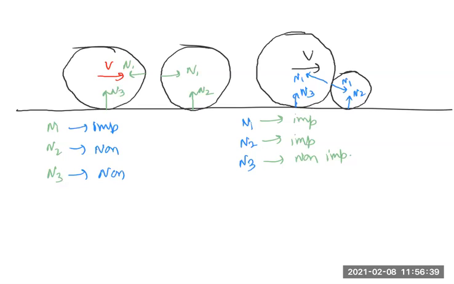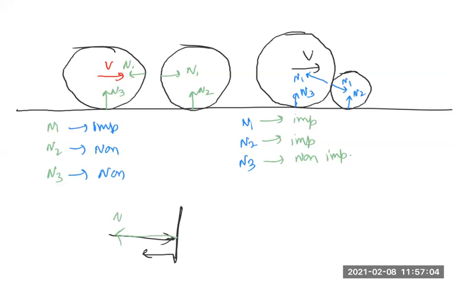This is what we use when we hit a tennis ball, when we hit a cricket ball. Cricket ball में क्या हो रहा है? Cricket ball is coming like this. The batsman hits the cricket ball. Bat is moving in this direction. Ball is moving in this direction. So the normal reaction by the bat on the ball is like this.